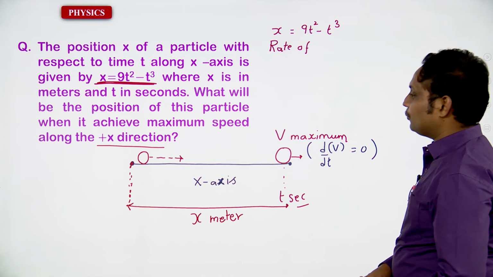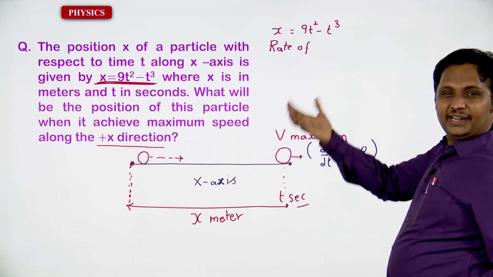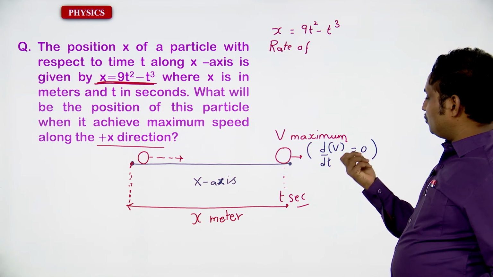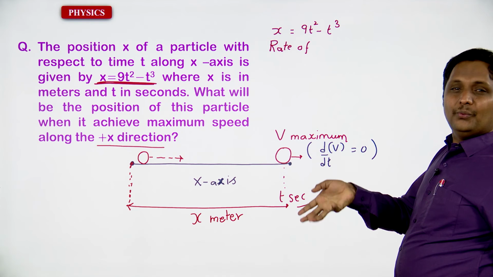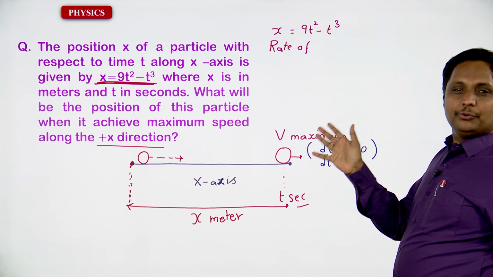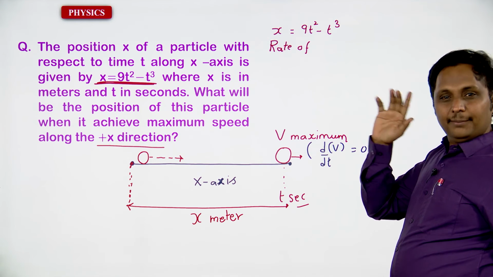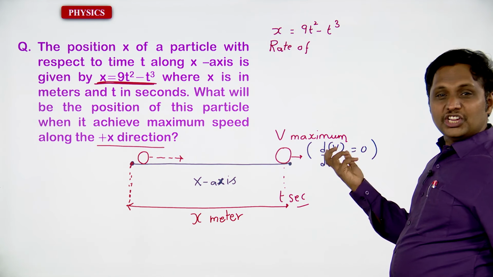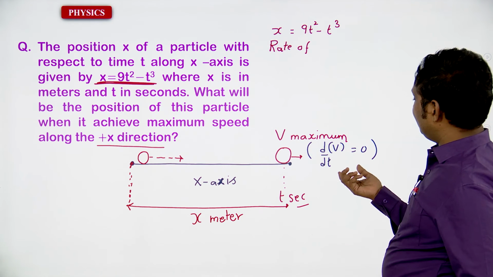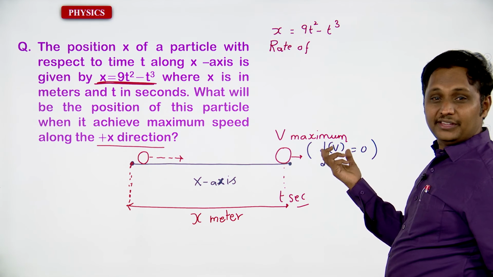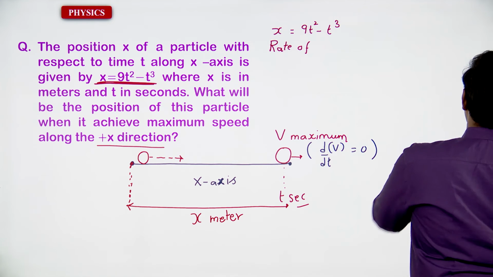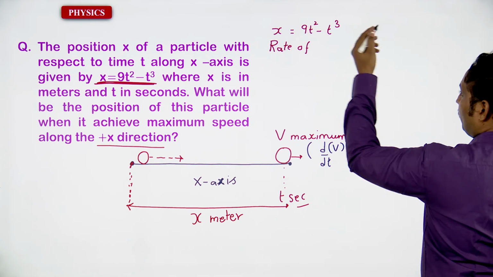All the people have to remember, even in further classes, that when one physical quantity becomes maximum, there is no change with respect to time. That is represented as d by dt of v is equal to 0. All right, let's go for the problem solution.